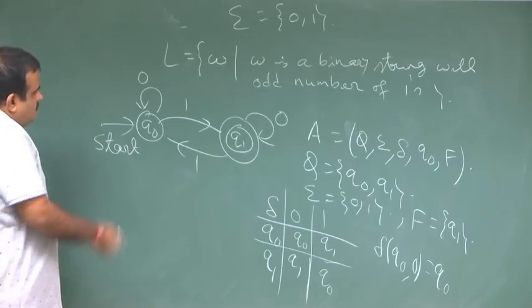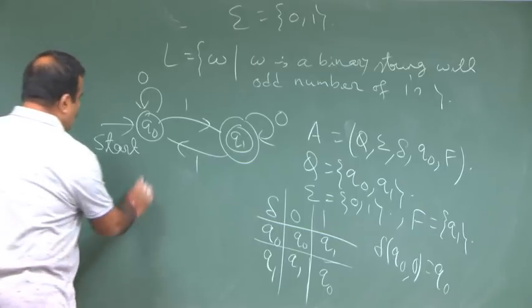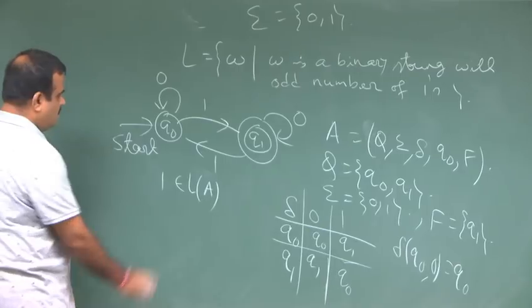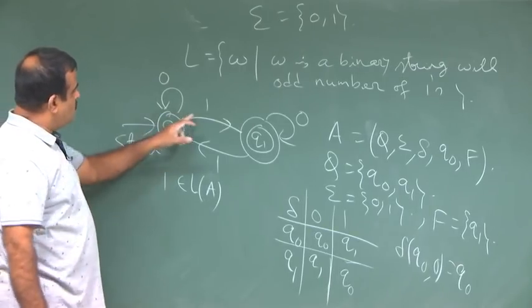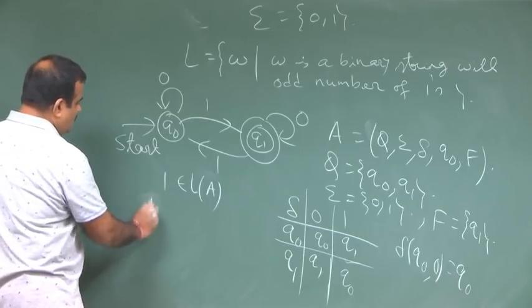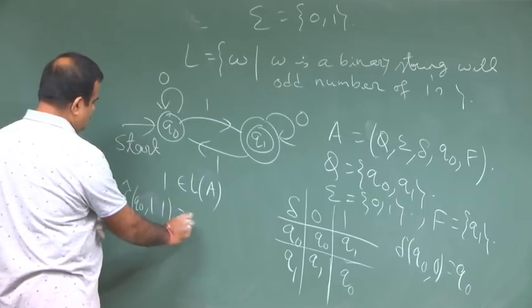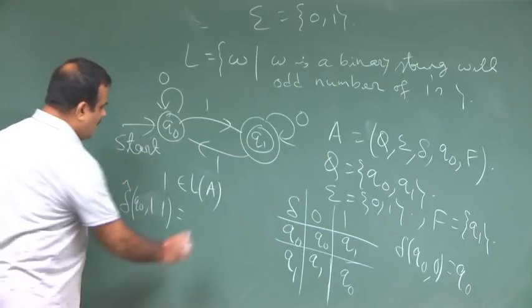So, the way we have defined this, we can see 1 is not accepted, because delta hat of Q0 on 1: we are at Q0, we go to Q1, and come back to Q0.